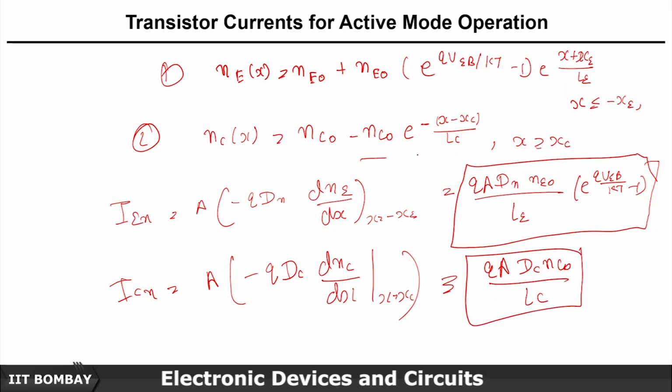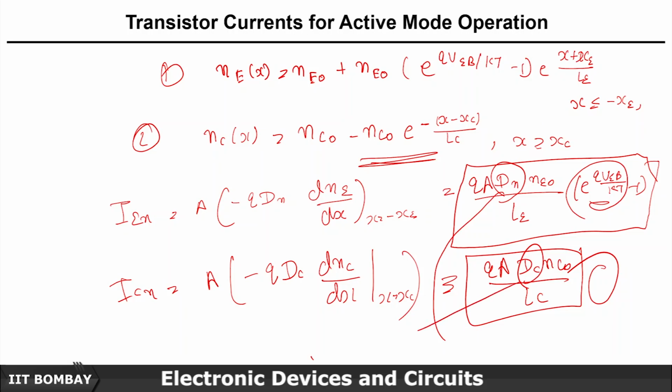You can use the same expression here. The only difference is that this exponential term is missing. DN and DC are your diffusion constants.